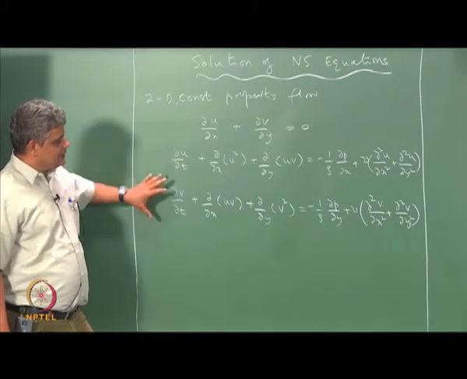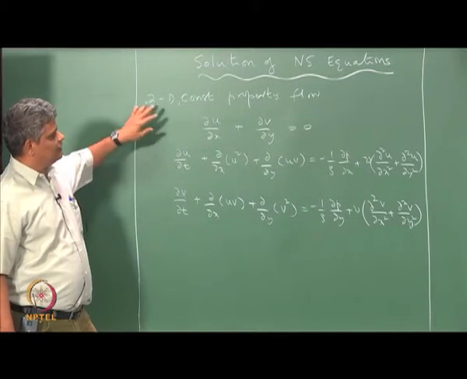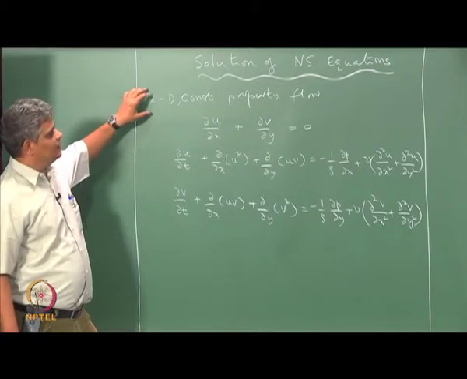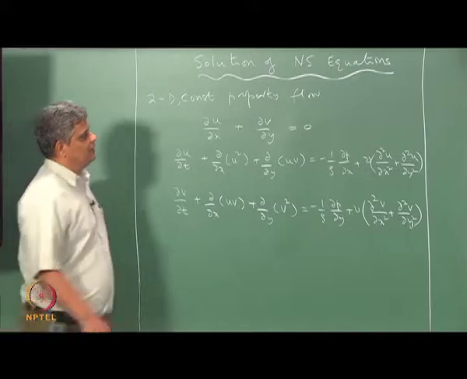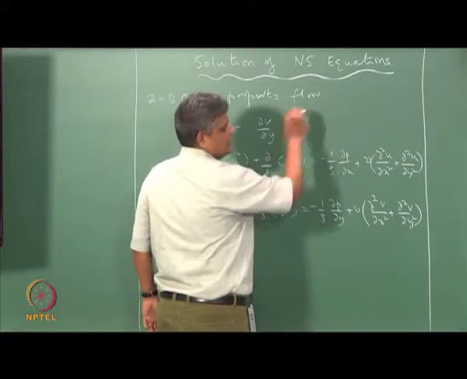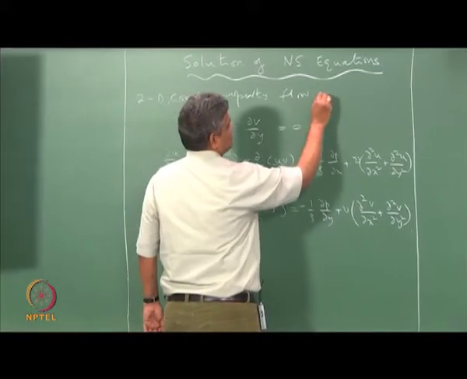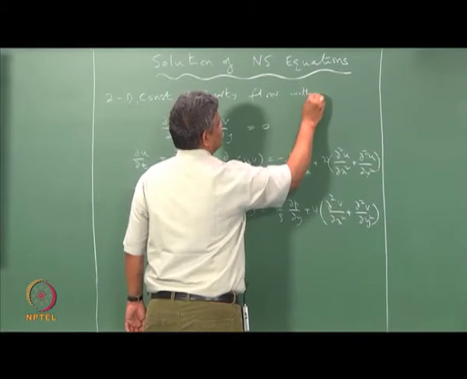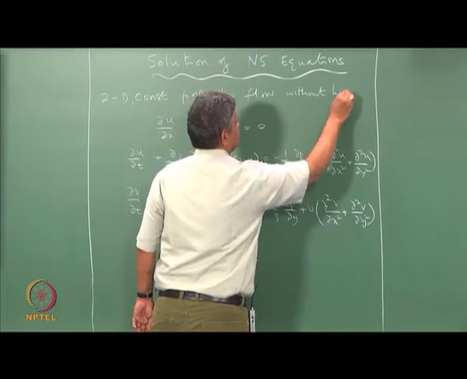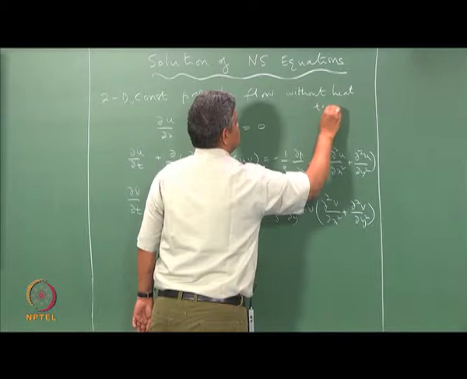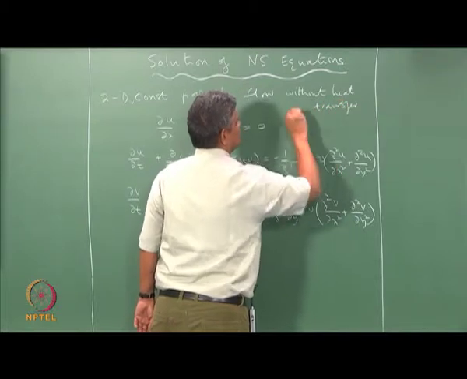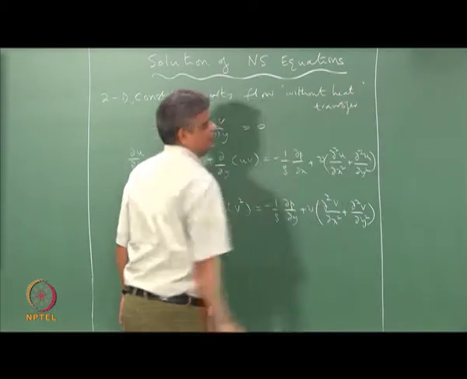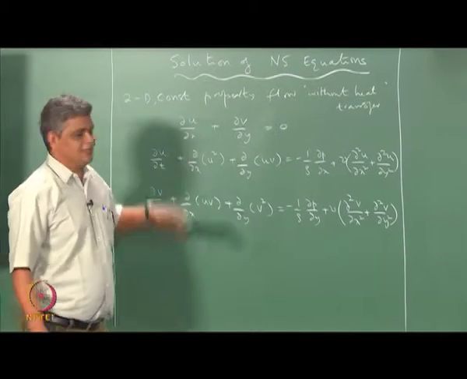So, we have these three equations which describe two-dimensional constant property flow without any heat transfer effects, without heat transfer, mass transfer and chemical reactions and all that.